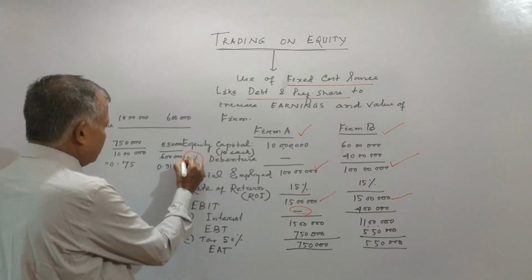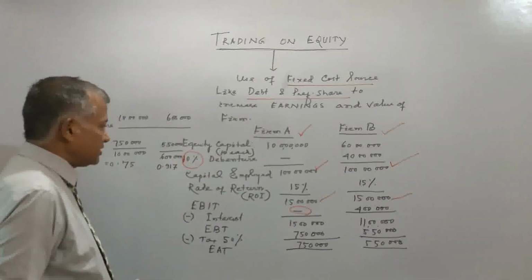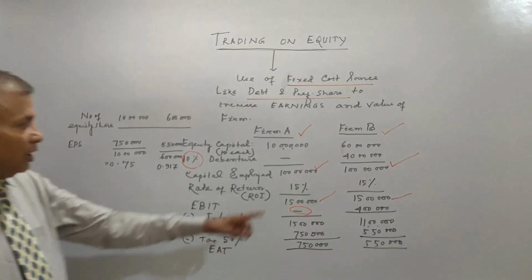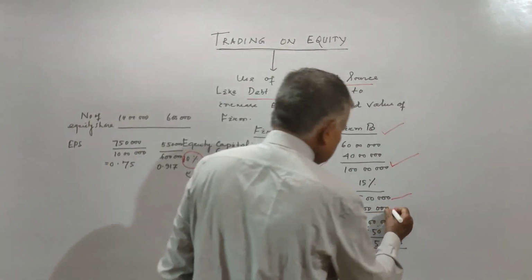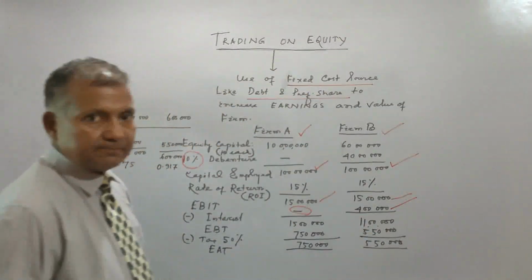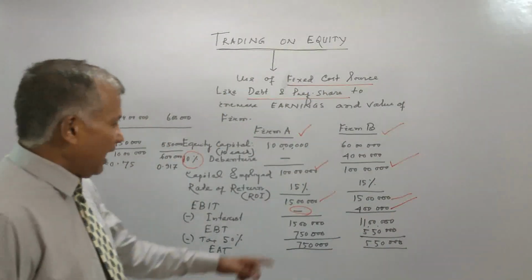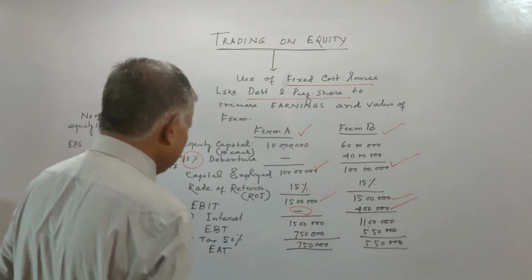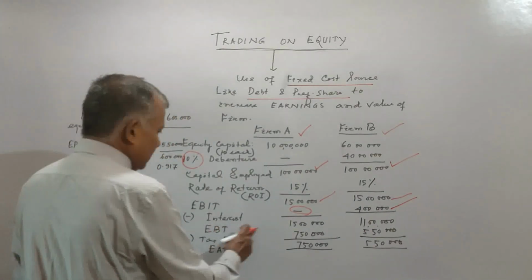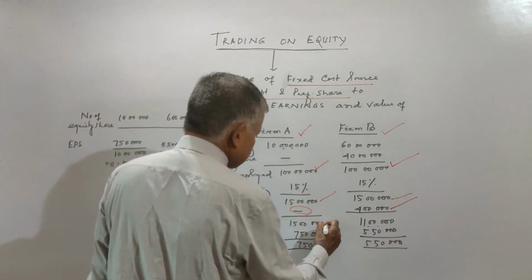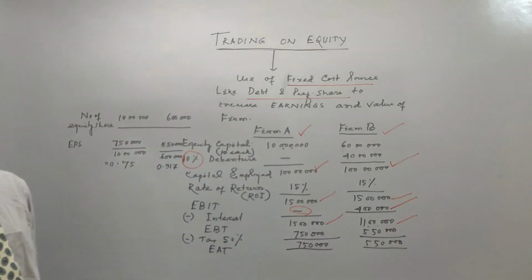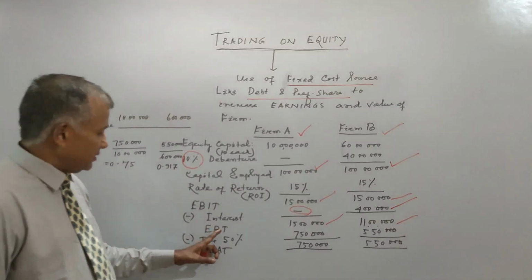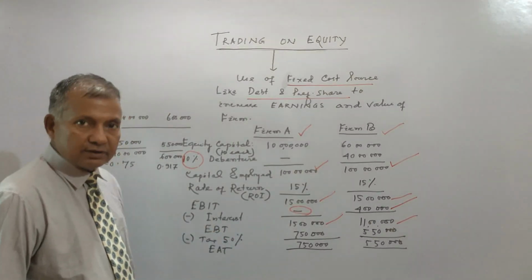So 40 lakhs into 10% interest is 4 lakhs. So after deducting the interest, earnings before tax is 15 lakh here, and here it is 11 lakh. This is your earnings before tax.